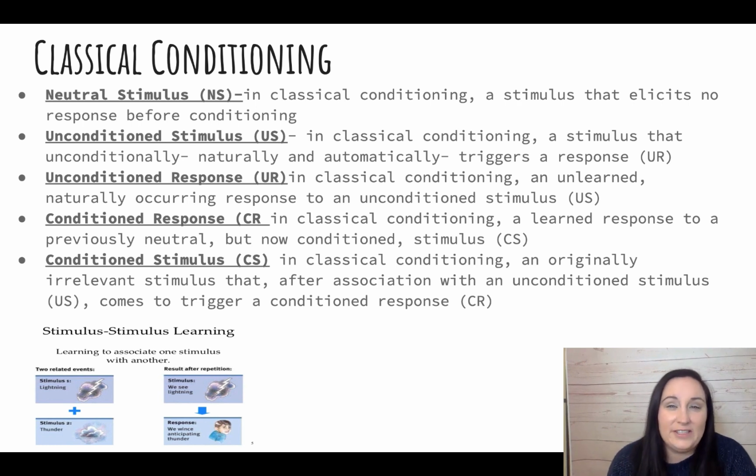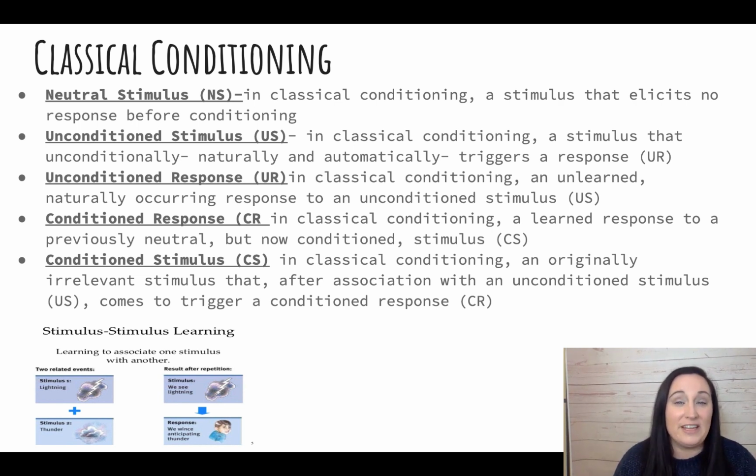So let's take this through using our vocab. So at first, there is a neutral stimulus when we are classical conditioning. And that is something that does not elicit a response. So for example, a flash of lightning might not elicit a natural response of fear, right? It is a neutral stimulus.